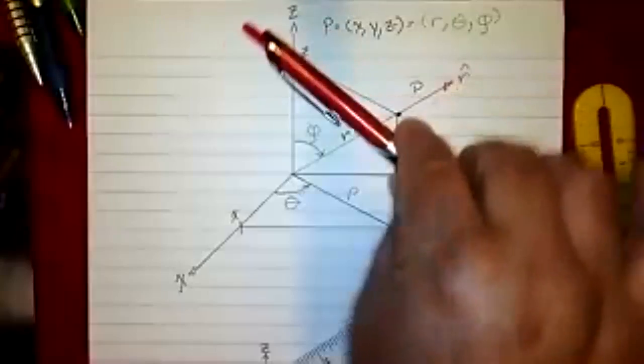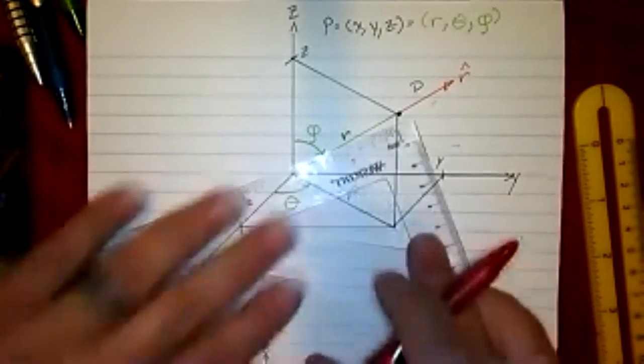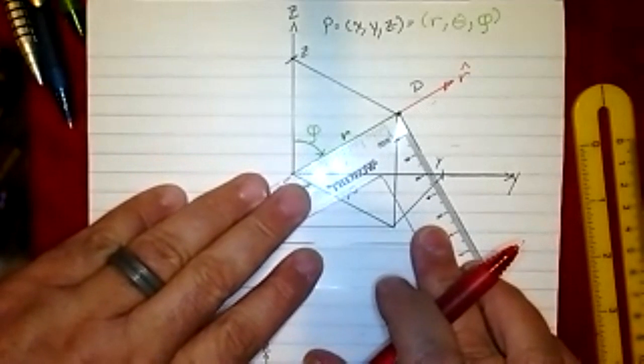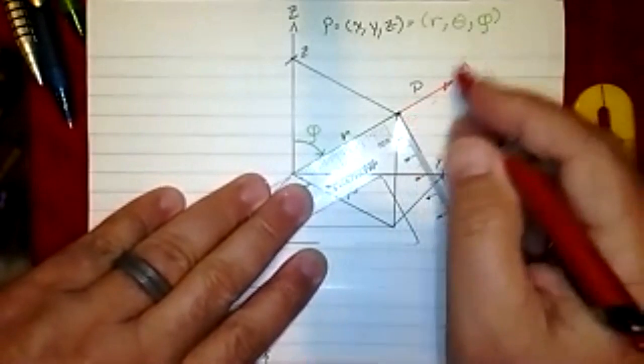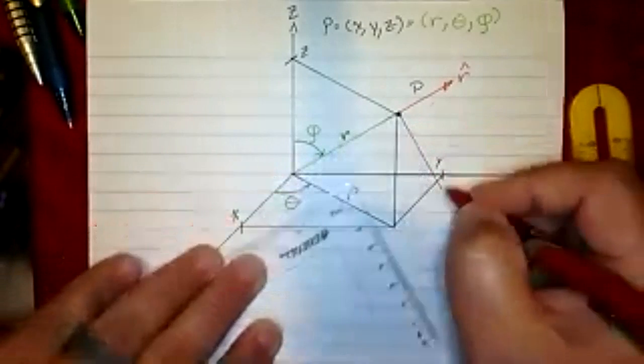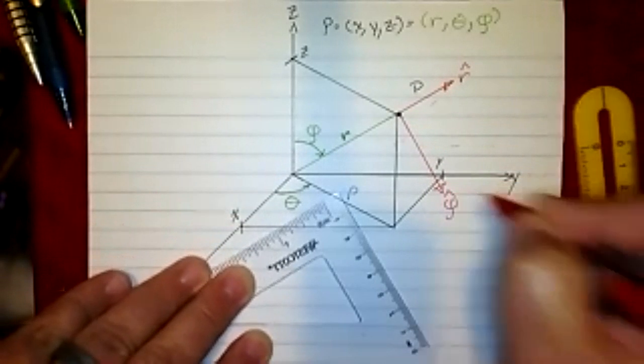It'd be perpendicular to this r hat vector, but in the same plane as this rectangle here. So I'm going to try to draw it perpendicular to this one, and about the same length. That would be the phi hat vector.